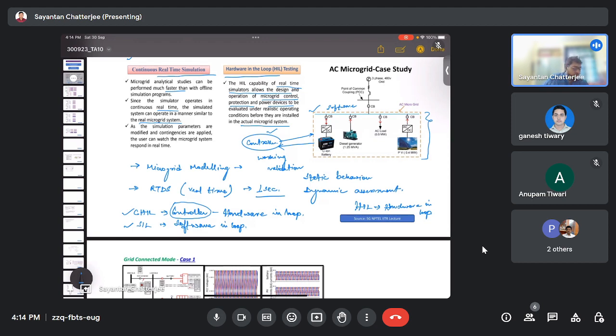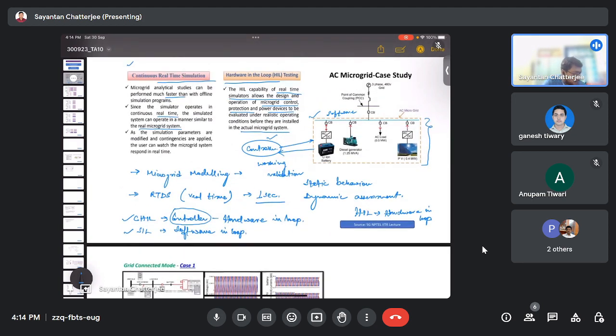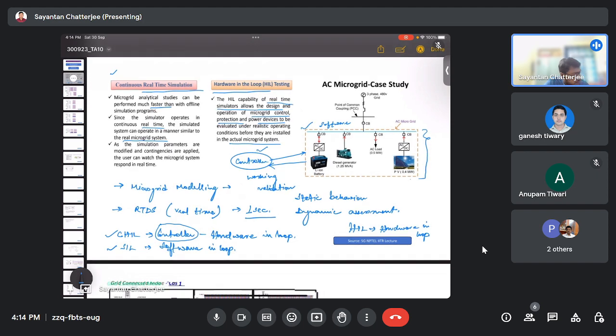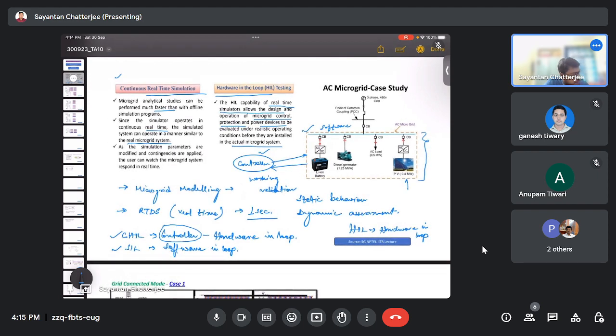Before that, for this microgrid, this is the AC microgrid case under study. What we can see is that here a PV is there, which is delivering 0.4 megawatt. Here you have a diesel generator. Here we have a lithium ion battery.